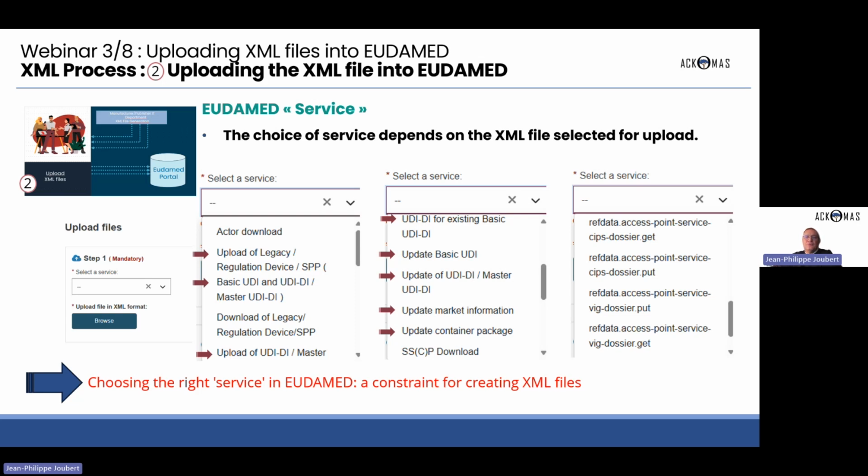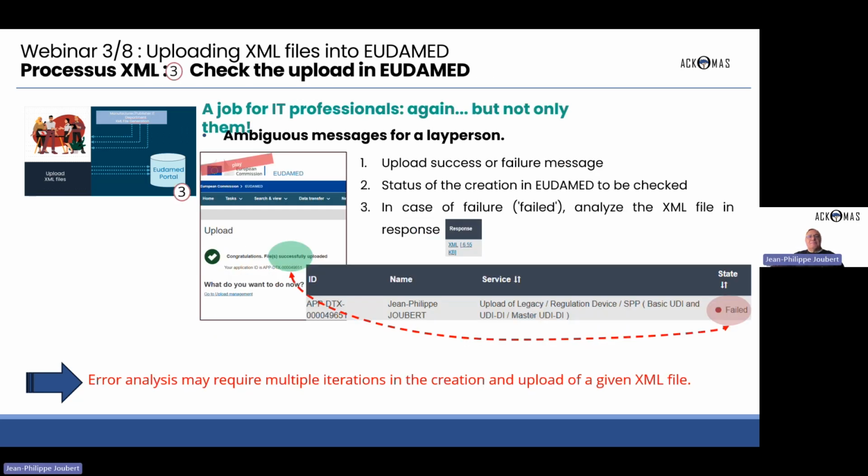And now let's move to the final step and assume everything has gone well so far. You created your XML file, uploaded it, and received a congratulation from EUDAMED for your upload. In the example presented, my upload seems successful.